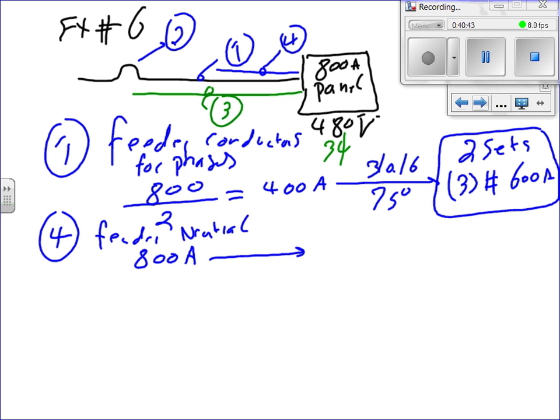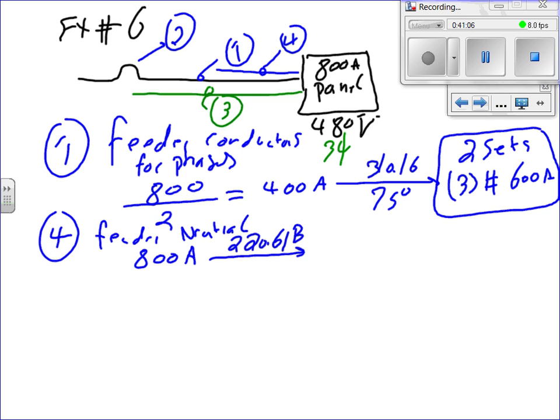That's 220.61, permitted reduction. 220.61(B).